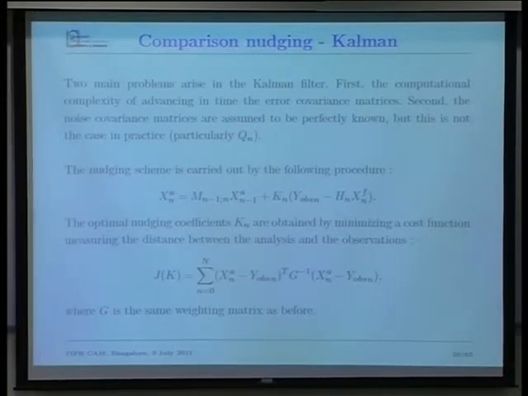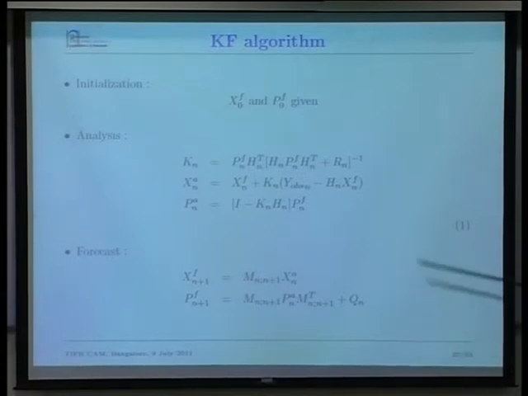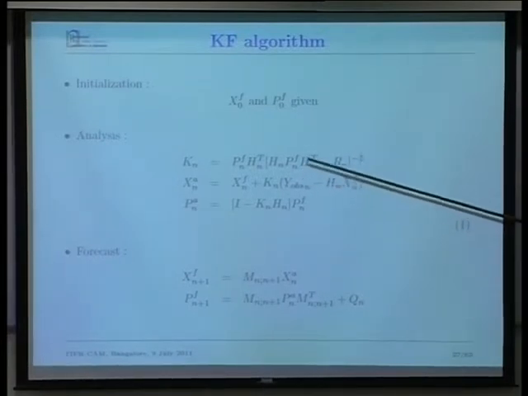Whereas in the Kalman filter, you do it at all the observation time steps. Okay? Each time you have some observation, you compute a new optimal matrix Kn, which is the Kalman matrix, at that time. In optimal nudging, you use the same matrix over all the assimilation window. So it's not the same.